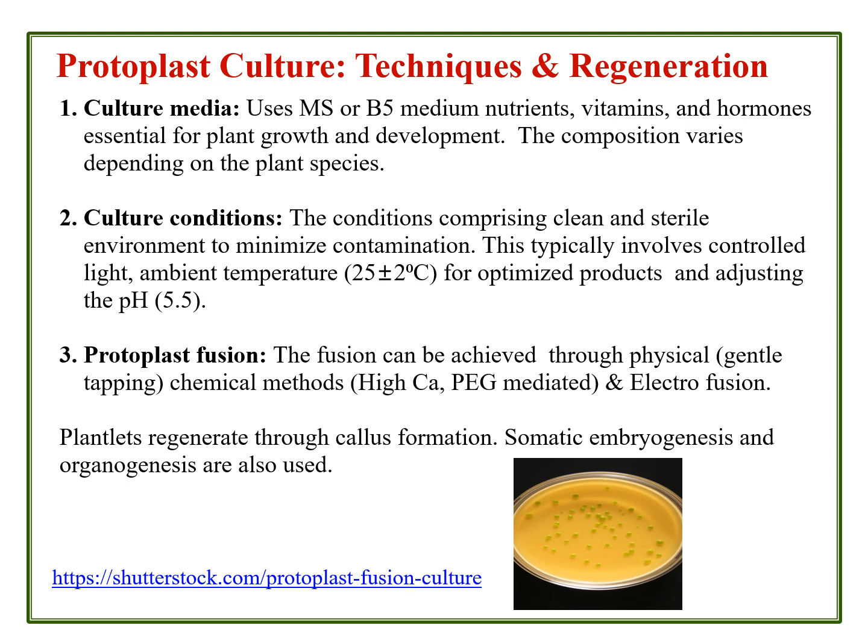Plants regenerate through callus formation, and somatic embryogenesis and organogenesis are also used to generate the protoplasts. Among the chemical methods are high calcium, polyethylene glycol mediated and electrofusion methods.